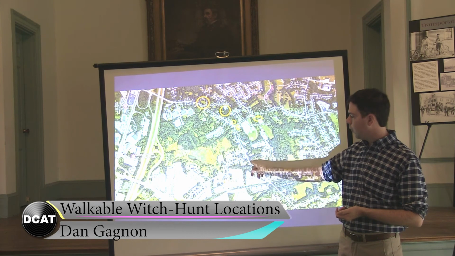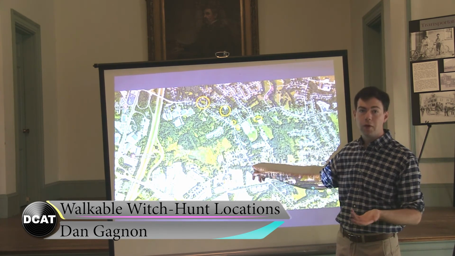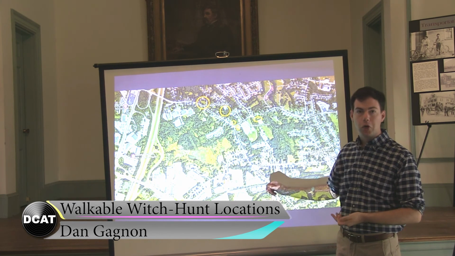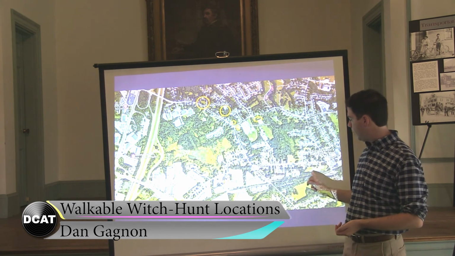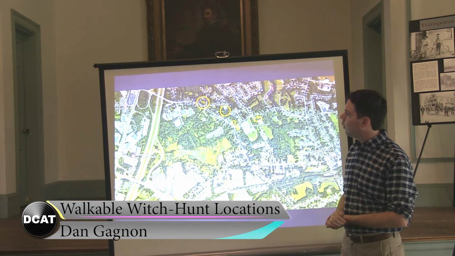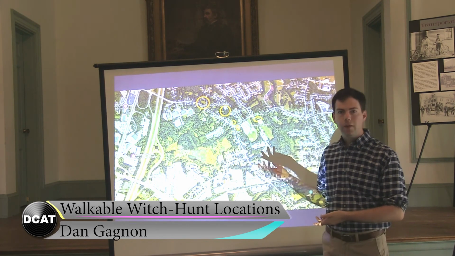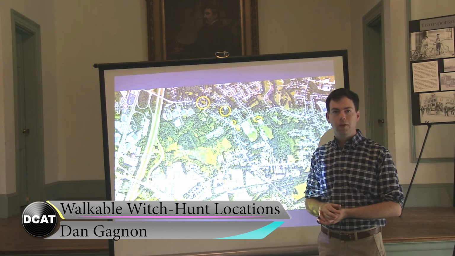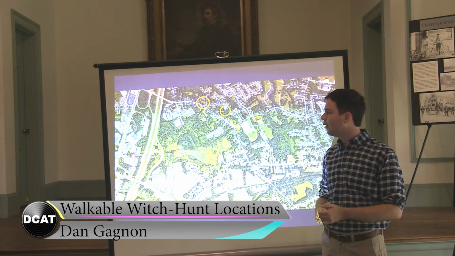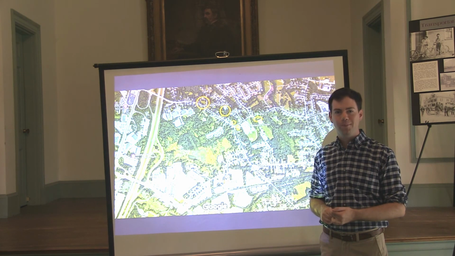There's the Judge Samuel Holten house there. The house was also there during the witch hunt. His ancestor Sarah Holten accused Rebecca Nurse, among others. There's the Rebecca Nurse homestead. So it is definitely a neighborhood worth a walk. But those are the key highlights in terms of the witch hunt. There are several others with the Revolutionary War, but we'll leave that for another time.